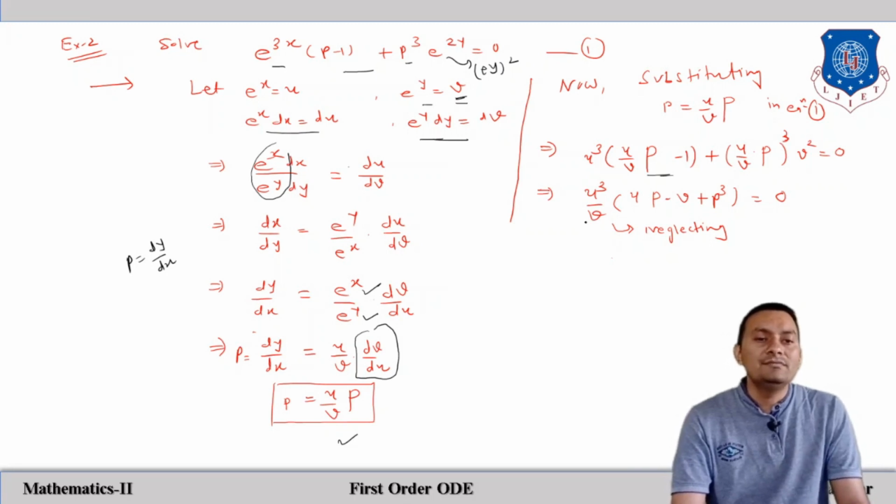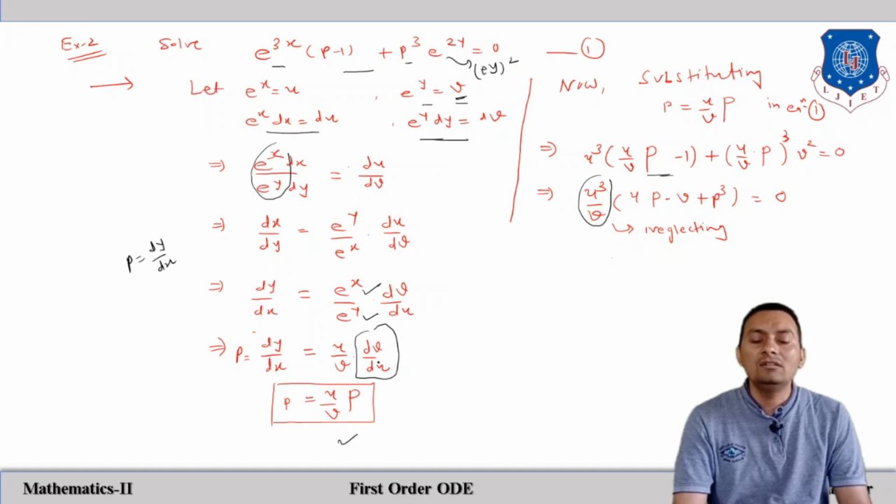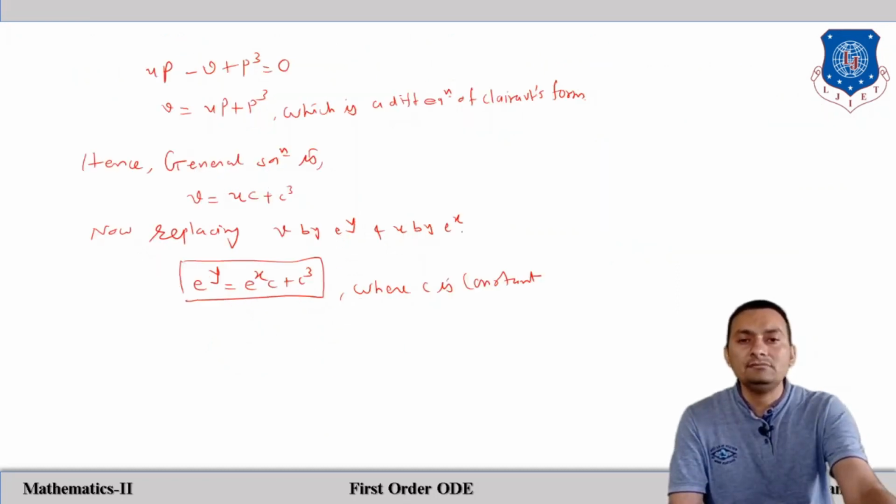So this term we are going to neglect because this term does not involve capital P. And therefore we are going to consider neglecting this one, and we will have this one.